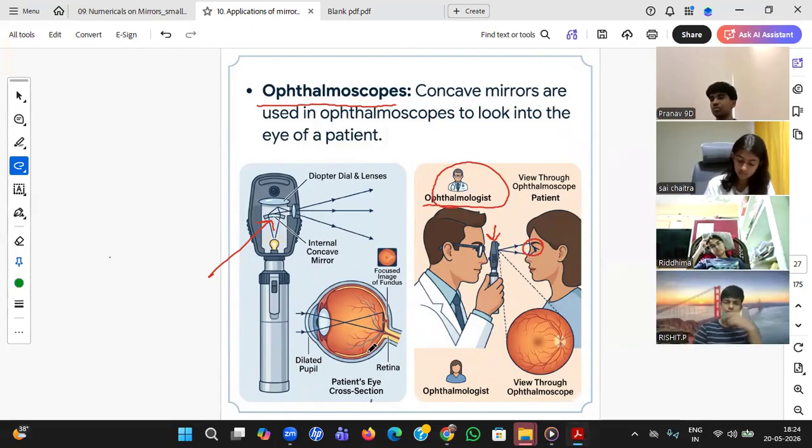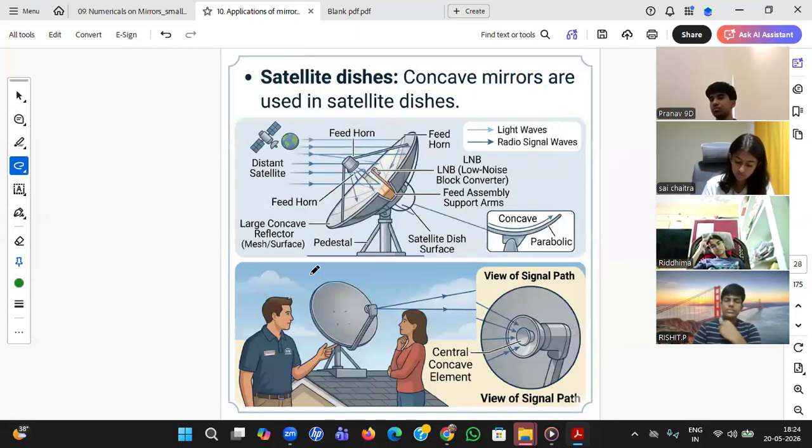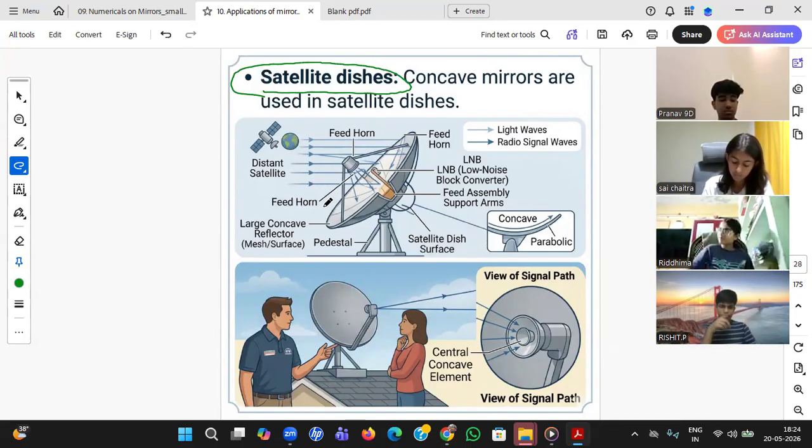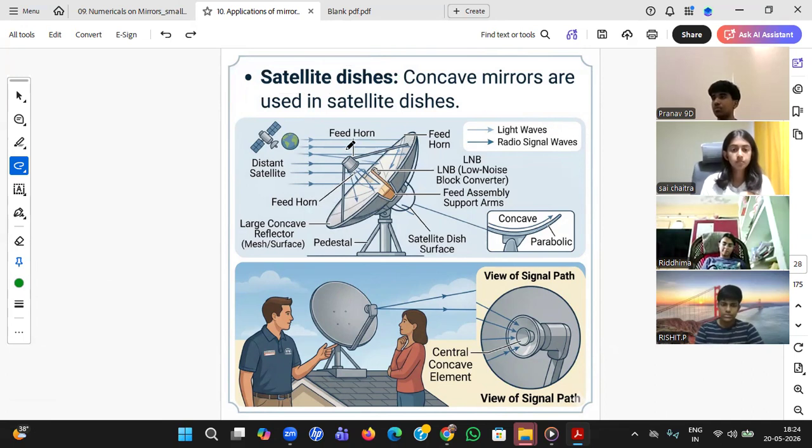Yes, sir. Okay. Not only that, student, this is a classic example which you have already seen, such type of arrangement. Maybe not right now, but 5-6 years before, whenever we are using cable connections or DTH connections, we are finding this mechanism. Now, what they are doing? So these all are nothing but satellite communication, student. You see, from the satellite, if there is a signal coming, this is a receptor.